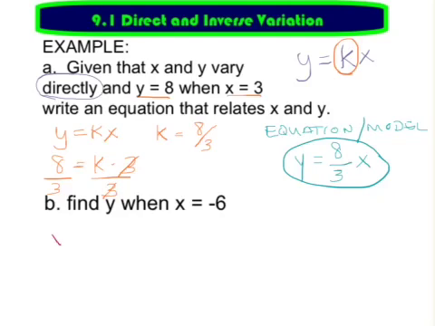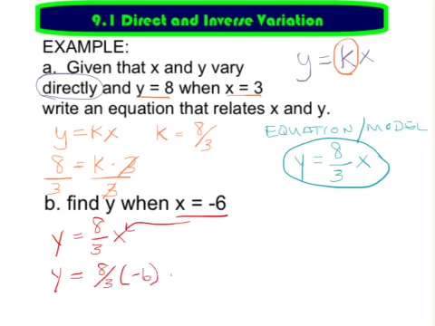Well, y equals 8/3 x, and if x is -6, I'm just going to plug that right in. So y equals 8/3 times -6, and I'm going to multiply, and I get that when x is -6, y is -16.